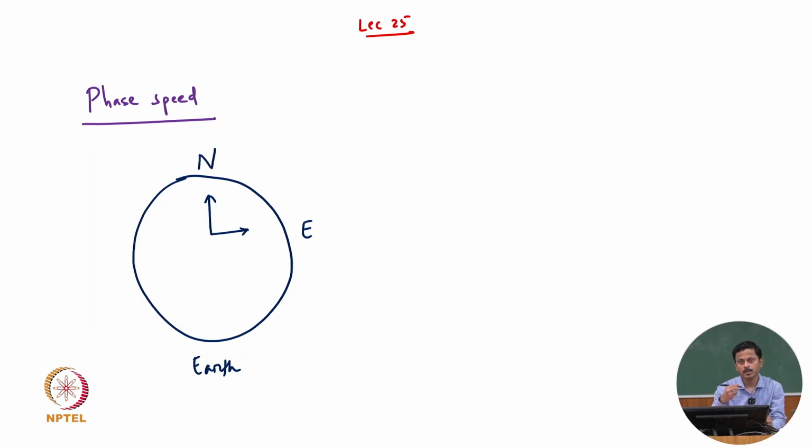This is along lines along the longitudes. So this velocity along the east direction is also denoted by the variable u, and this is called the zonal velocity.